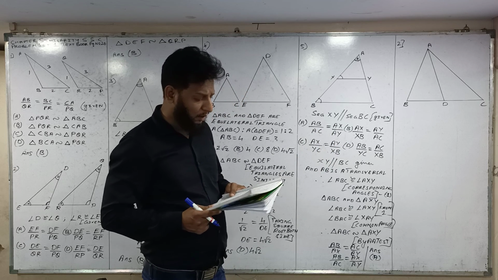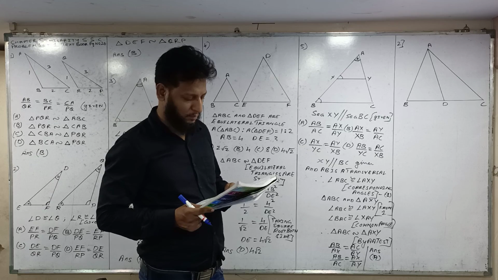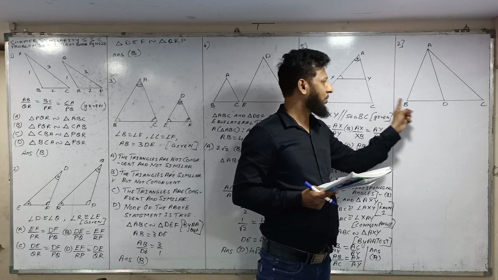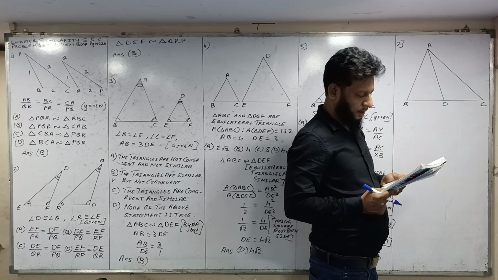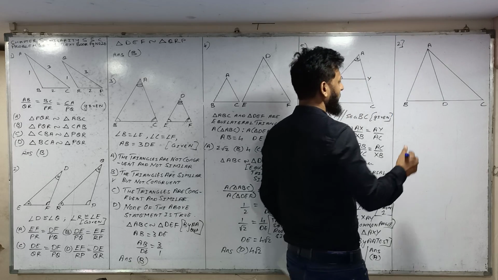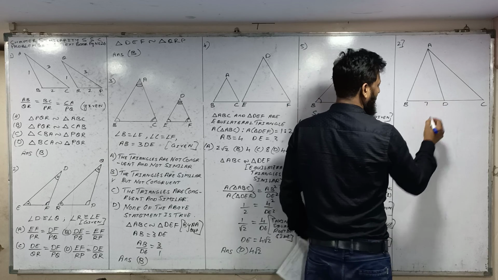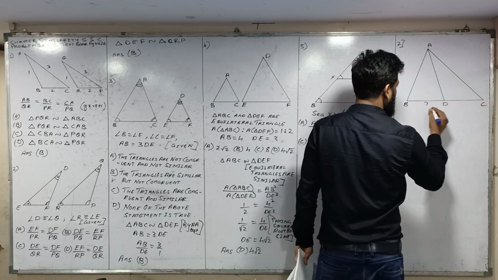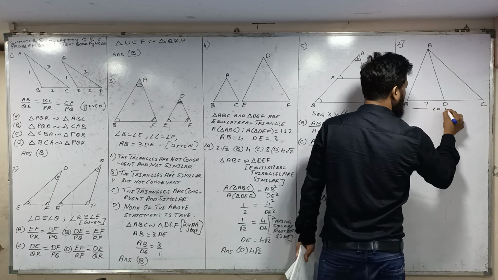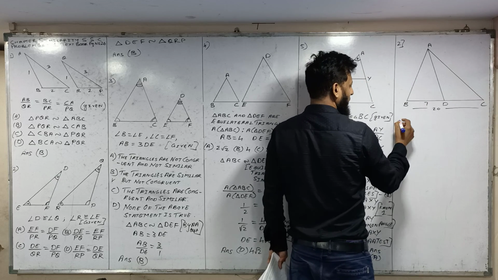Now the second question. See this triangle ABC and this line AD. Okay, BD is 7 and BC is 20. This full BC is 20. First find out DC.